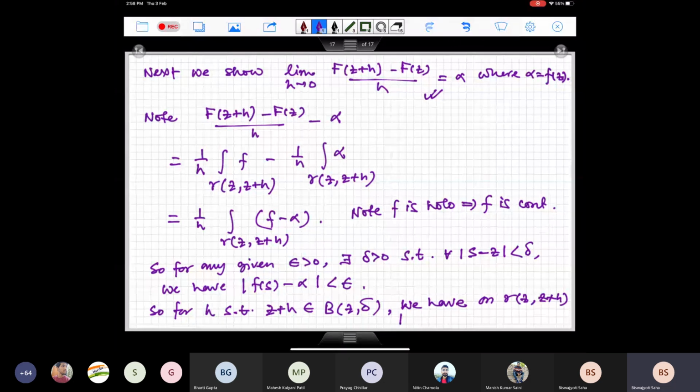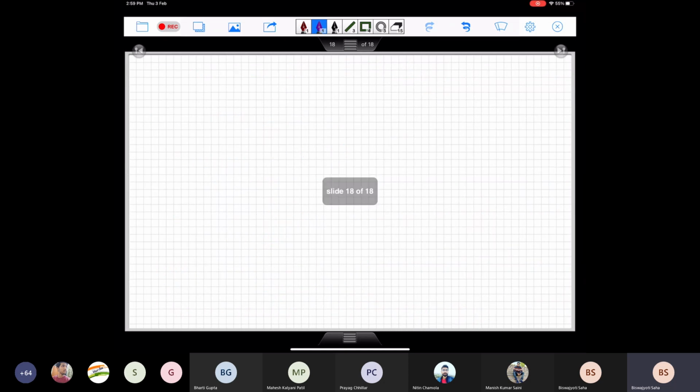So we have mod of f of s minus alpha is less than epsilon. On that path itself, the absolute value is uniformly bounded by epsilon. And what is the length of the path? It's clear that the length of the path is mod h. I am not going to calculate this; you can check if you wish. Note that the length of gamma from z to z plus h is nothing but mod h.